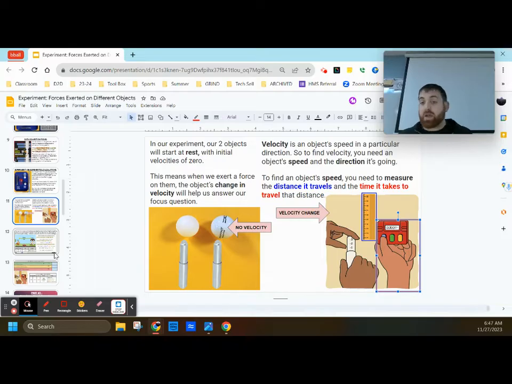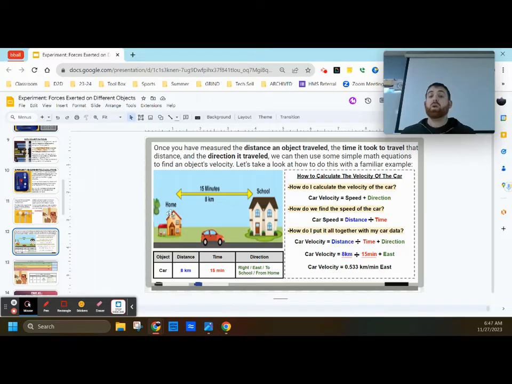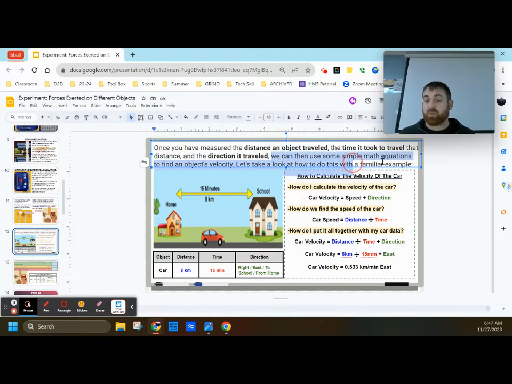Now, once you have these measurements, you're going to need to then calculate velocity. And that's where we have a set of equations that we use to help calculate velocity. So we measure the distance an object travels, we time how long it takes to travel that distance, and then we find the direction it travels, and we use this with some math equations to find an object's velocity.